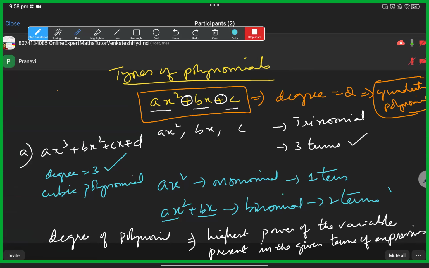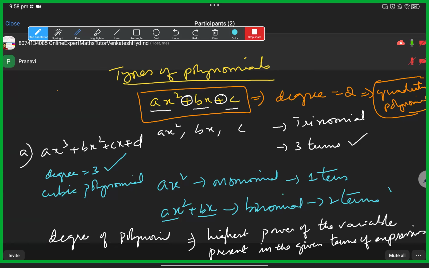Now like that, there will be degree 4, degree 5, degree 6. We mainly name them up to cubic polynomials, till 3. If it is 4, we call it biquadratic. Quadratic is 2, biquadratic means double of that, 4. But mostly we remember up to cubic polynomial.